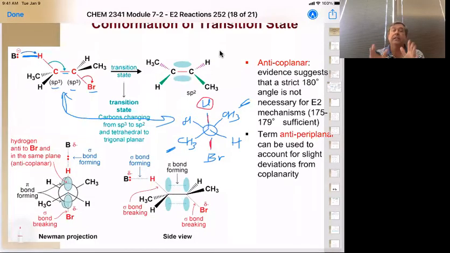This makes it easier to remove that hydrogen, because the electrons just flip in and break a bond, make a bond, and break a bond all at the same time. It's much easier to see on that Fischer projection, but the idea is that you want them all in the same plane and opposite each other so that they can move the electrons around more easily.